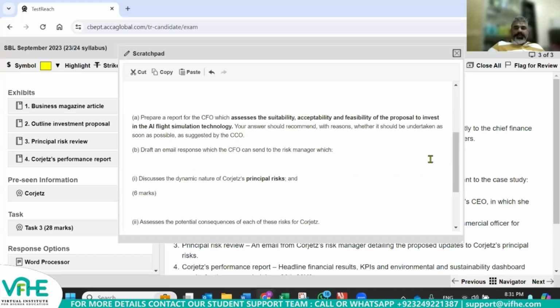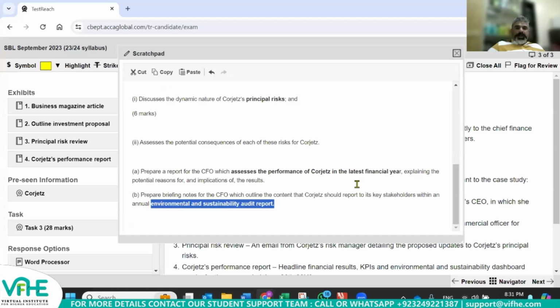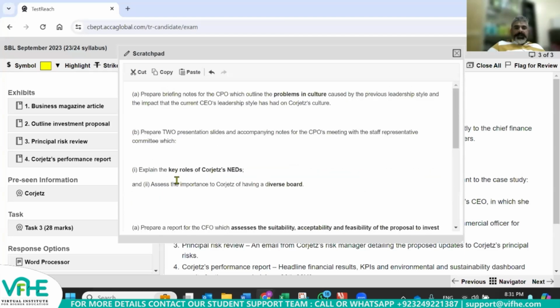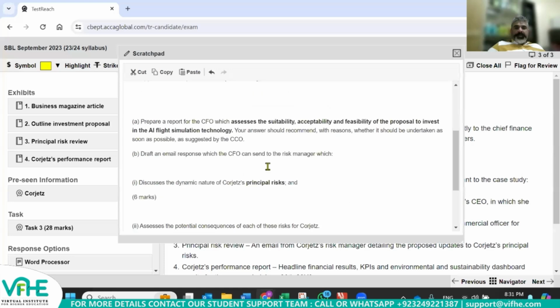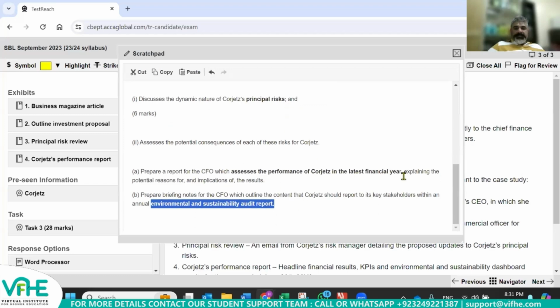So now I know in one look, these are the topics I need to talk about: culture, role of NED, importance of a diversified board, something to do with AI flight simulation technology. I need to talk about principal risks, latest financial performance year, and something about the environmental and sustainability report.